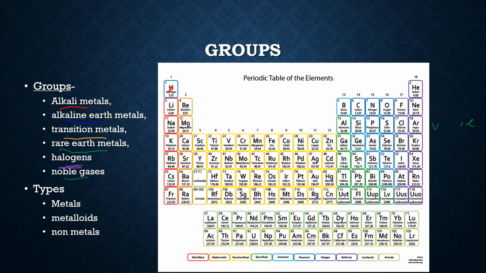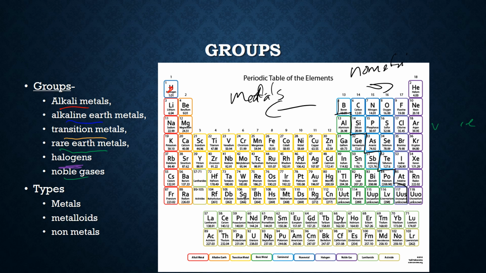So the metals on the periodic table, most of the periodic table is metals. We have this line that we draw right here. On this side of the line, we have metals, and on this side of the line, we have non-metals.